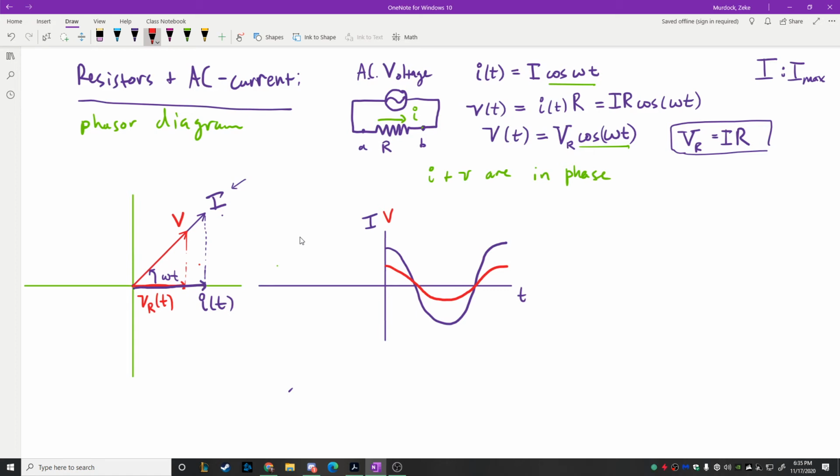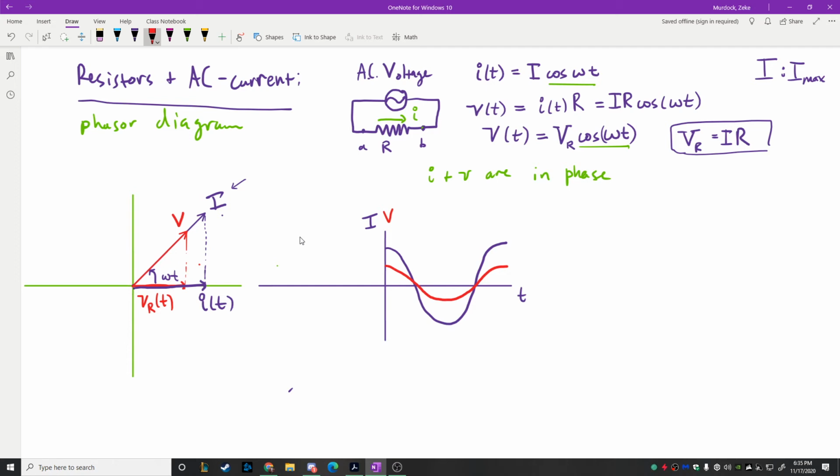If the force that you apply to the child as they're swinging is such that you always push them when they're at the bottom and when they're going in the same direction, and then when they come back down, you push them back the opposite way, then that's kind of consistent with what's happening here. And that's because the resistor is kind of just this passive element that dissipates energy. So as long as you're pushing the current to the left, it goes left. If you push the current to the right, it goes right. That's not going to be true for the inductor and the capacitor.